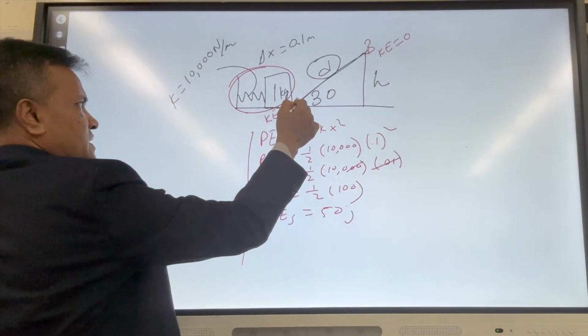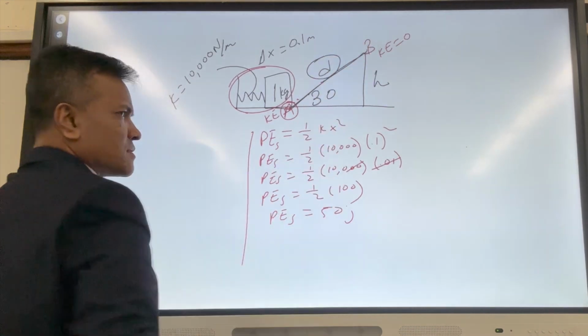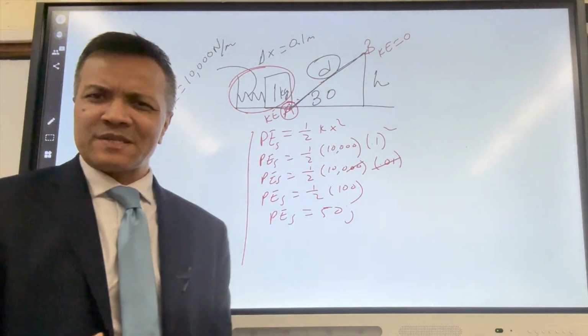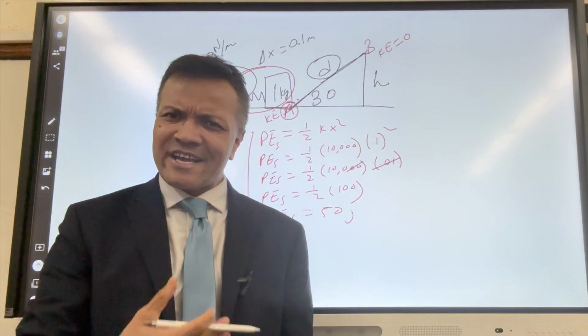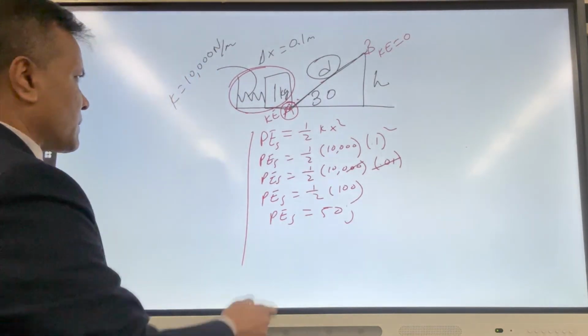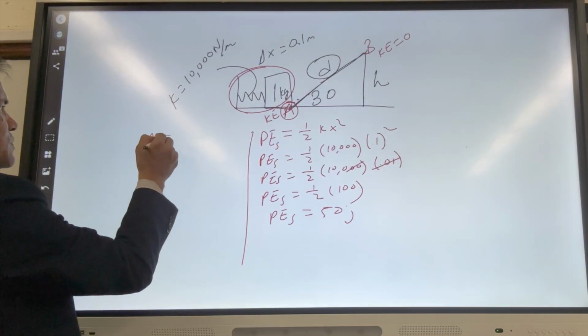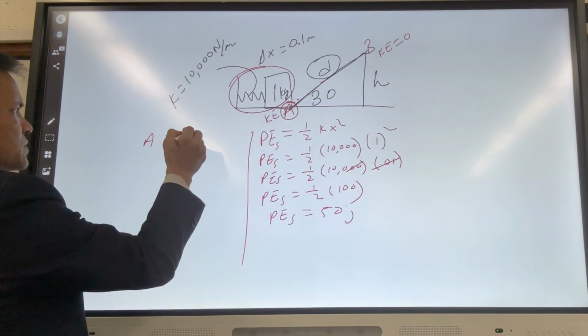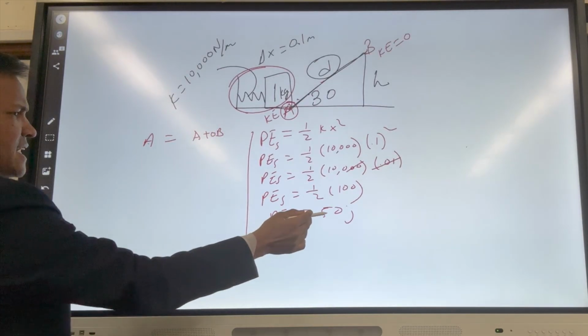From 50 to 49 to 48 to 47 to 1 to 0. 50 doesn't become 0 instantly. 50 gradually becomes 0 from location A to B. How can we write that? Well, we can write A is equal to B, or A is equal to A to B. We can definitely write A is 50.